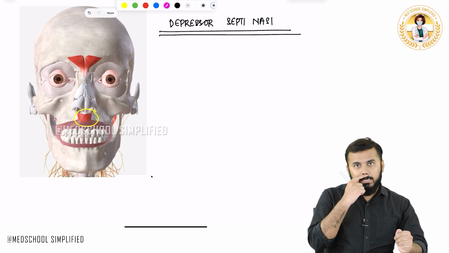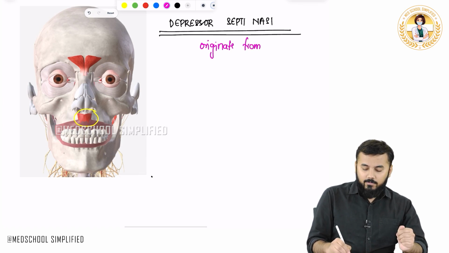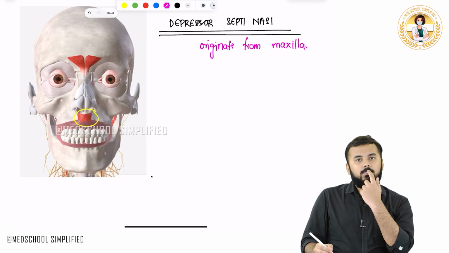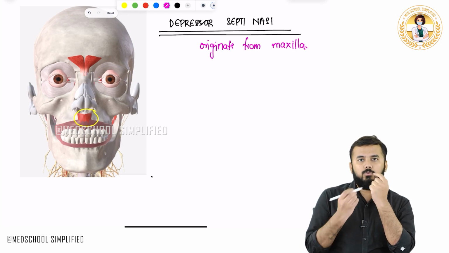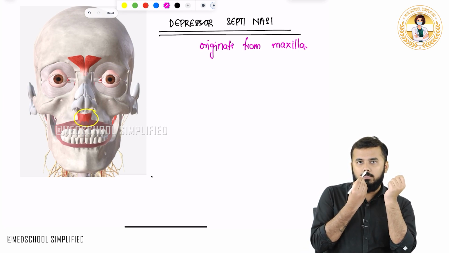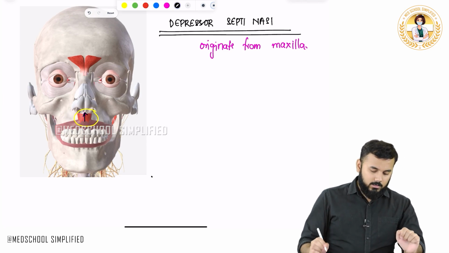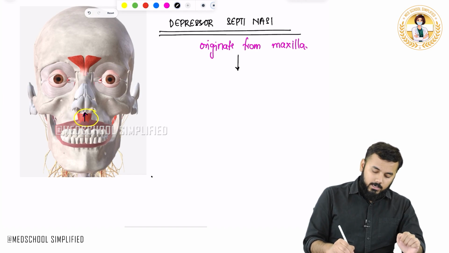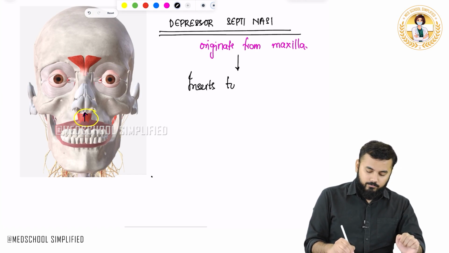It originates from the maxilla, and where does it insert? It inserts to the nasal septum. It originates in the maxilla, goes up and inserts to your nasal septum. This is how it will insert.